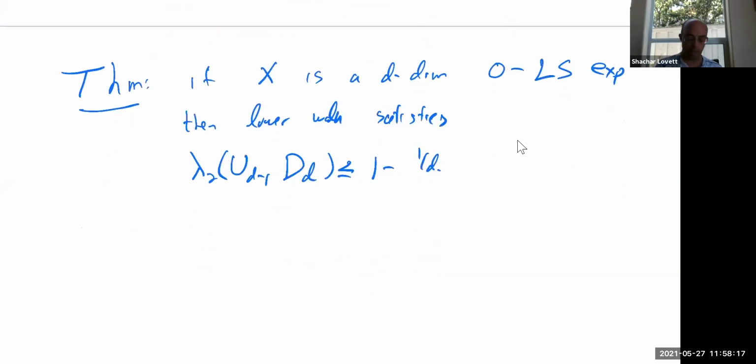And in particular, this implies that, itself it might not mix because we don't have any guarantee on the minimal eigenvalues, but the lazy lower walk mixes in order D time.